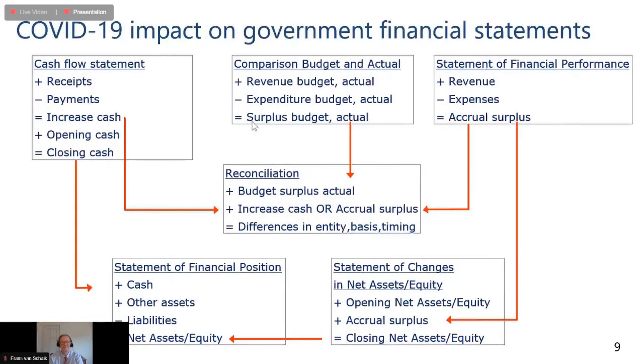Let's move to the current assets, to the balance sheet, the statement of financial position. In general, we all know that the current assets, cash, receivables, will all be going down because governments are going to spend a lot. Fixed assets, property, plant, and equipment.